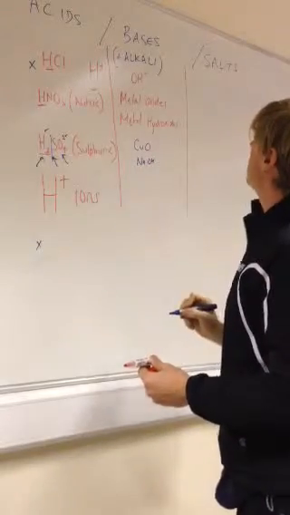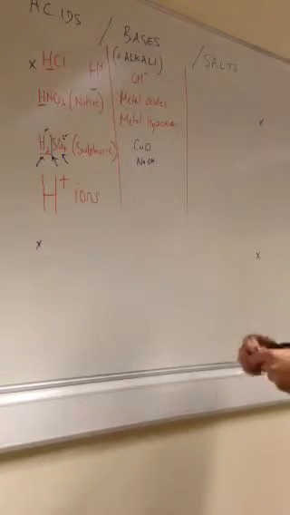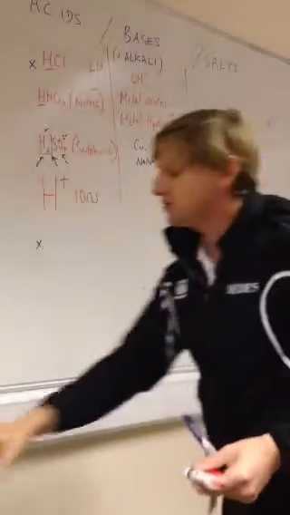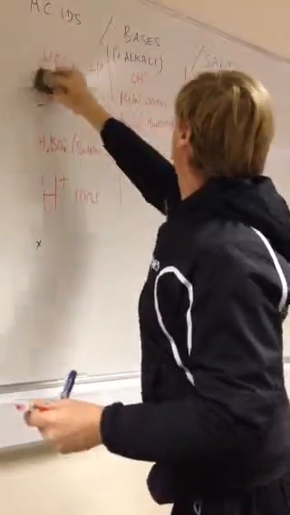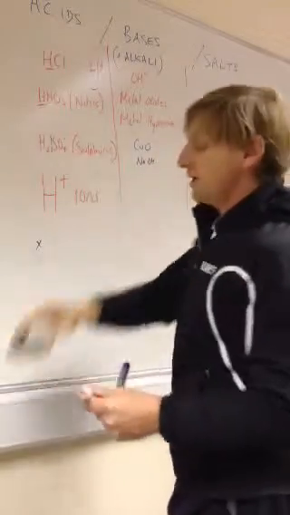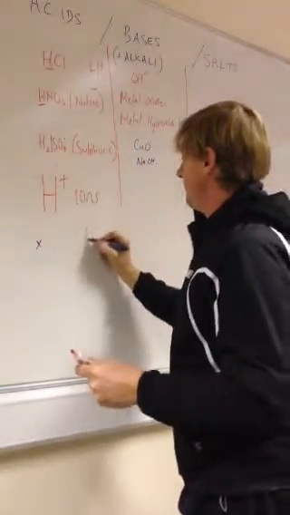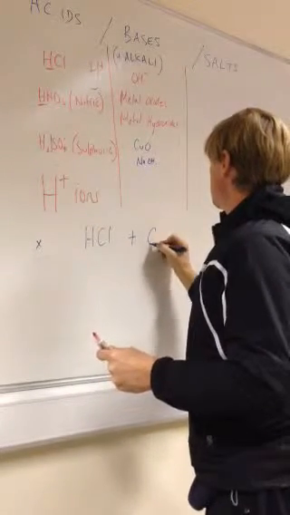Okay? Now, the salts. Now, salts are made when you react an acid and base together. And I talked in the lesson about a swap and change and rearrange. I'd just like you to think about a reaction here. Imagine if we had HCl plus CuO.